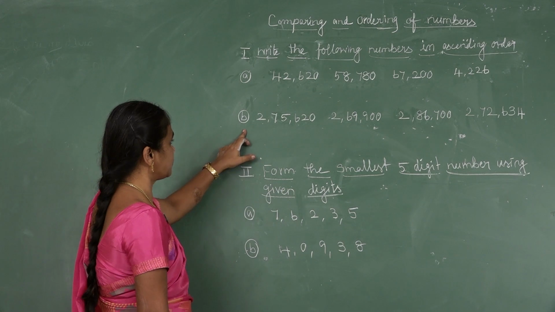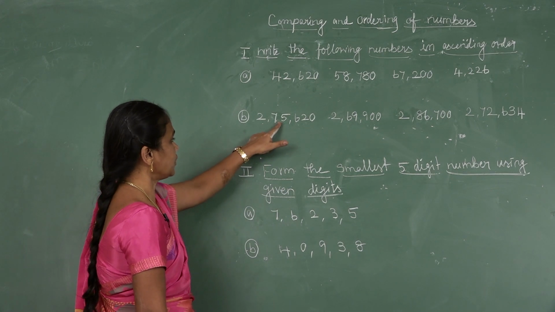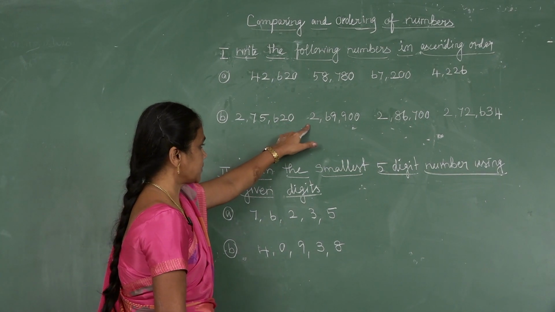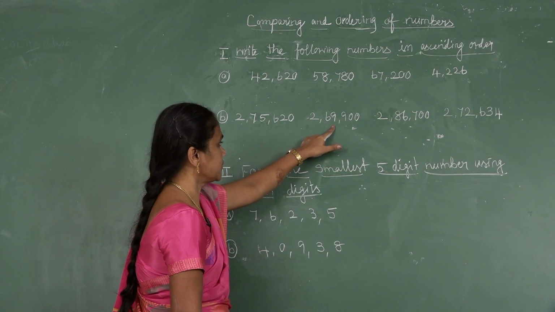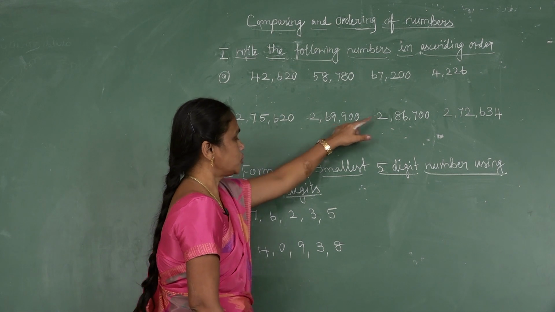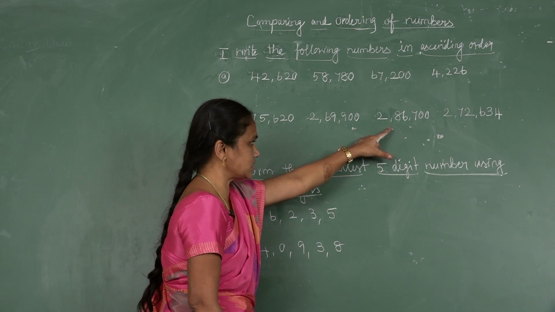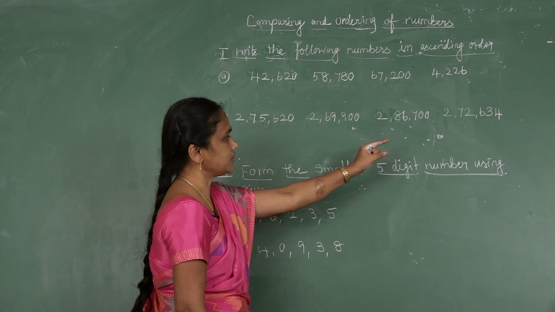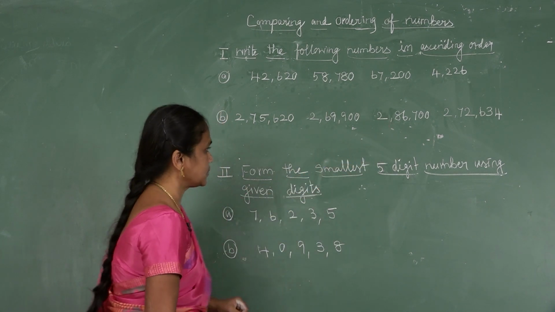The second one is 2,75,620, 2,69,900, 2,86,700, 2,72,634.